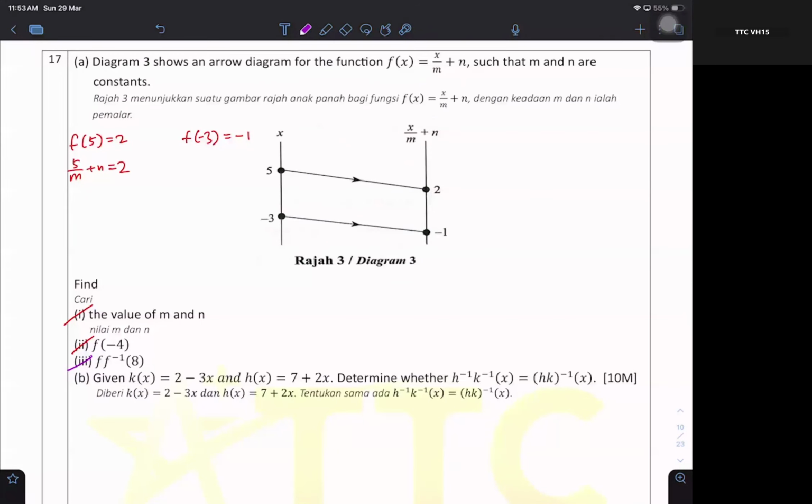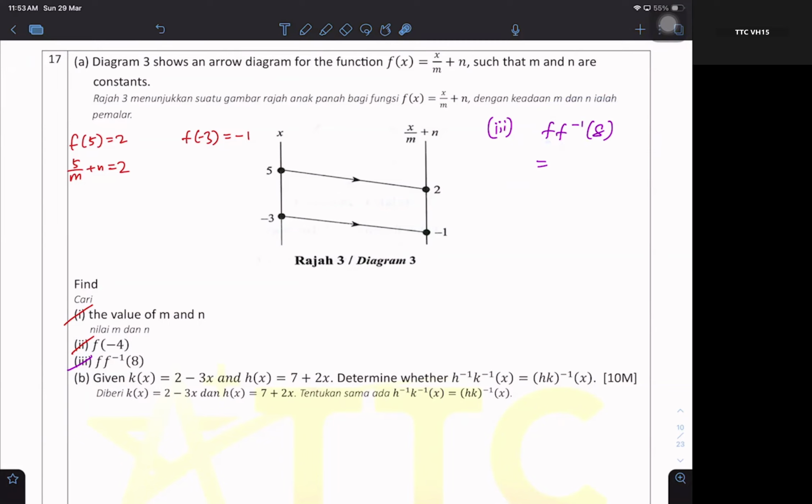Okay, question number 3. Now here, I write f inverse f(8). I teach you this one. The first two you can do on your own. What is the answer? You see you have f and then you have f inverse, right?